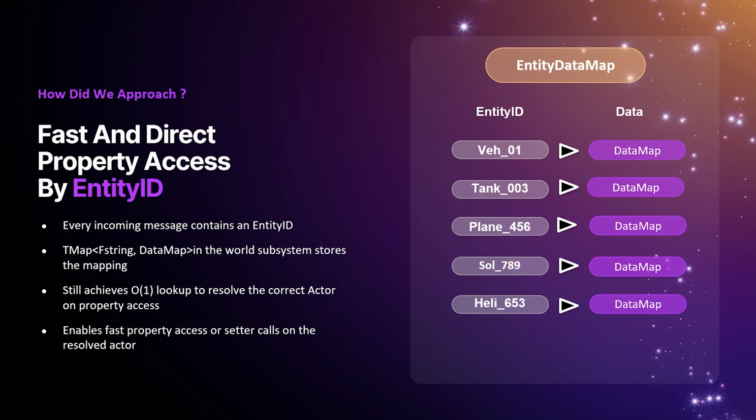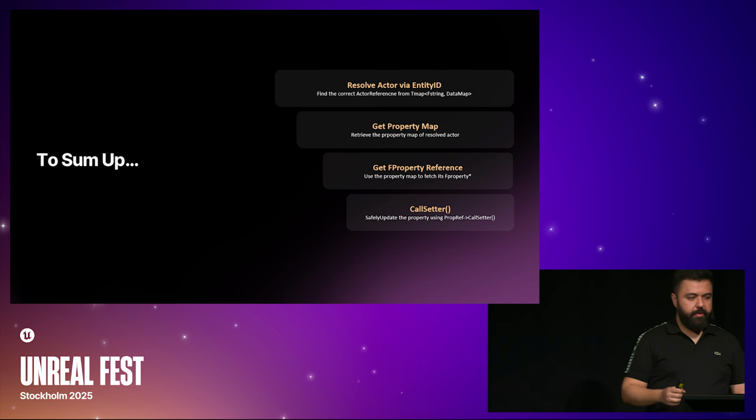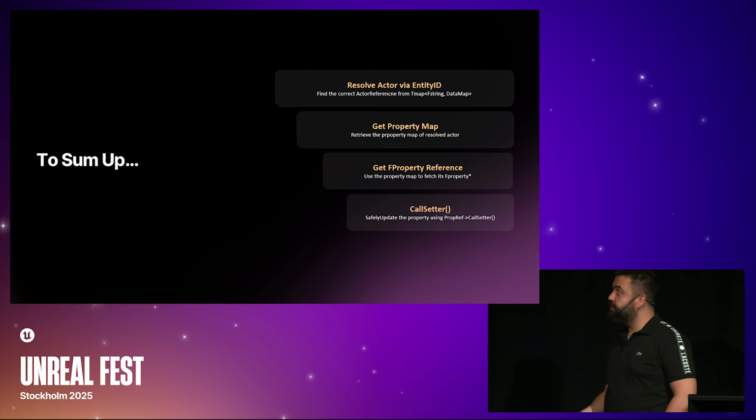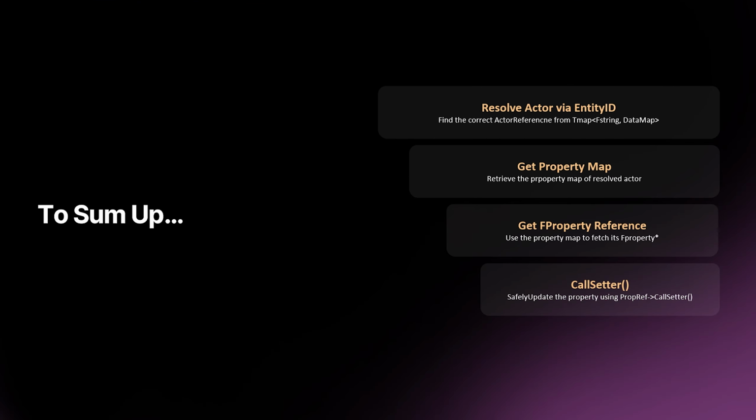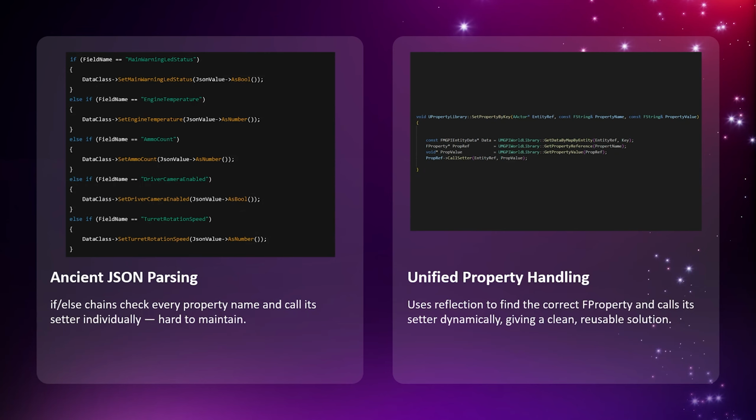Thanks to that, we can still find the FProperty of the entity with O(1) lookup. To sum up, what do we have? We resolve the actor by entity ID, get its property map, get the FProperty reference, and finally, we call its setter.